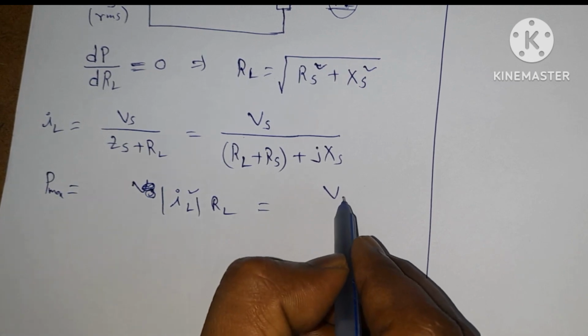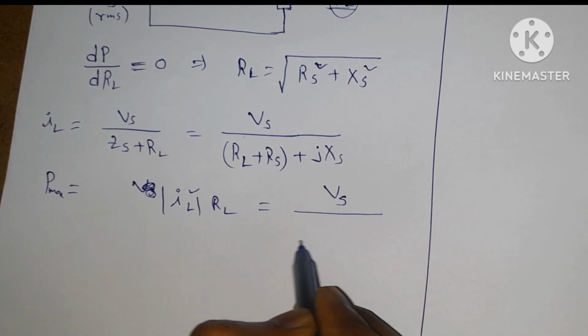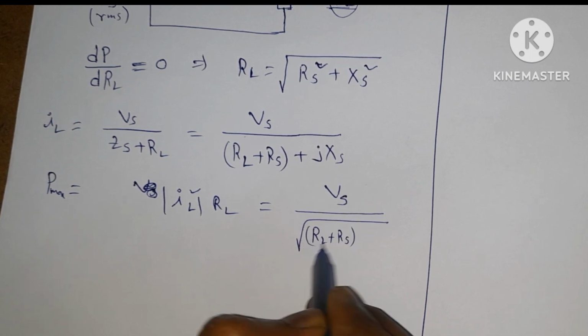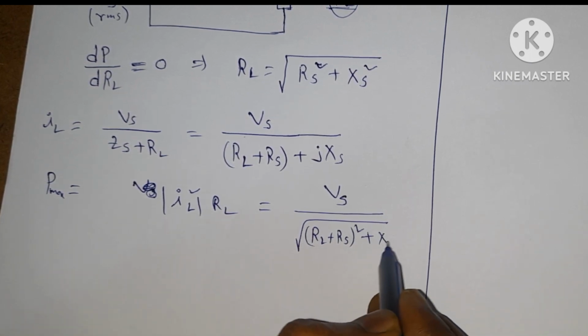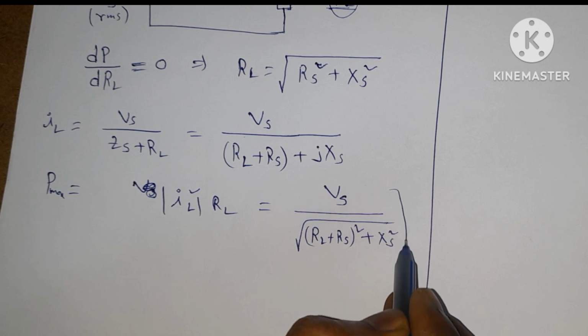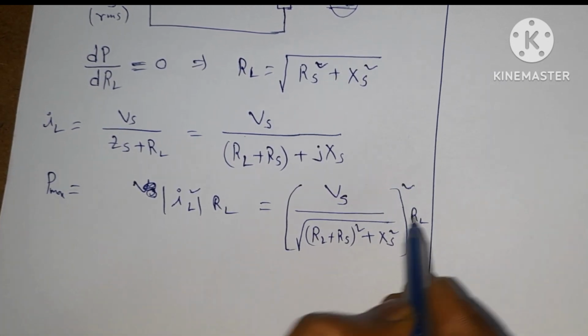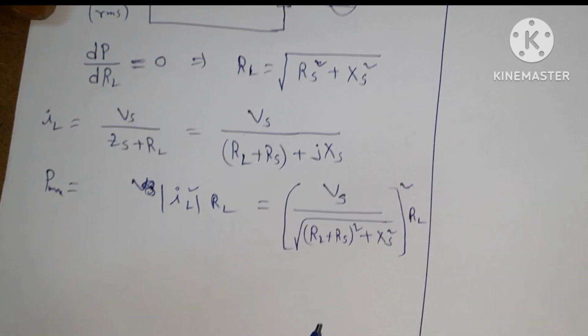Modulus of IL is Vs by square root of ((RL plus RS) whole square plus XS whole square), and it is squared again, into RL. Here the square and root cancel.